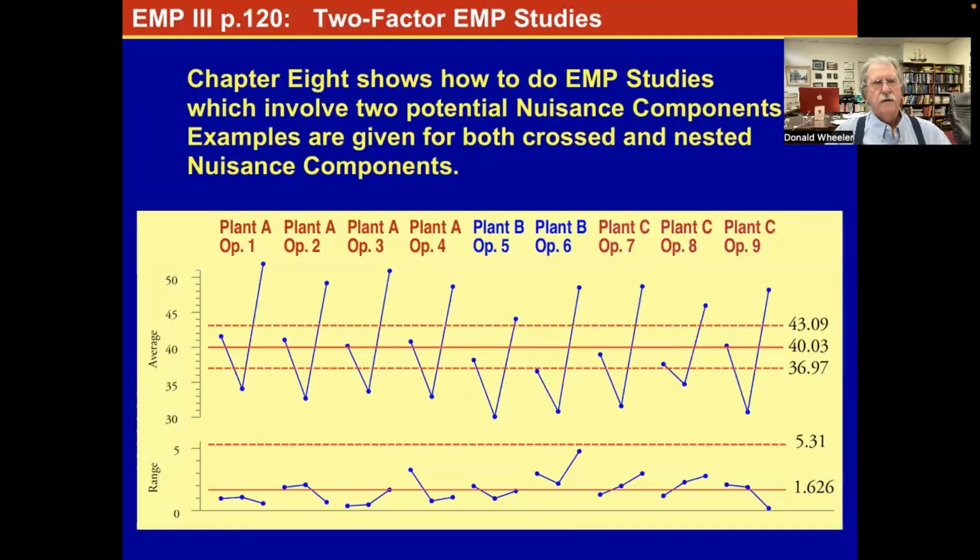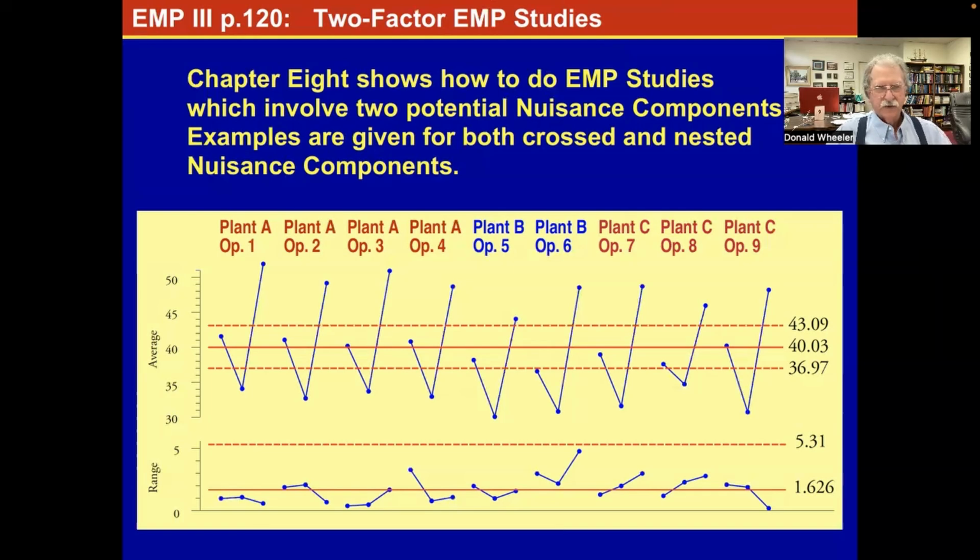In Chapter 8 of EMP3, examples are given on how to do EMP studies which involve 2 potential nuisance components, such as operators and instruments. Examples are given for both crossed and nested nuisance components.